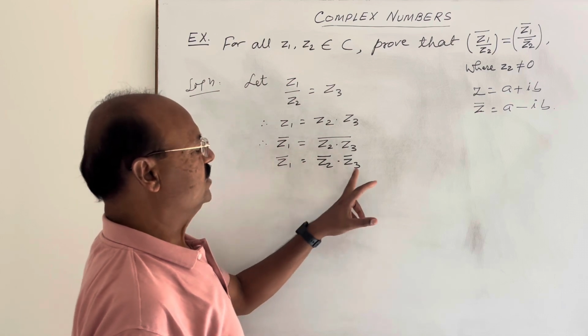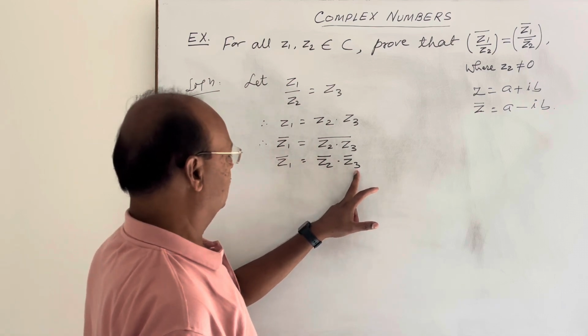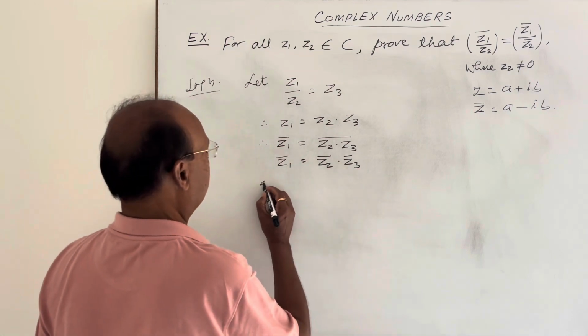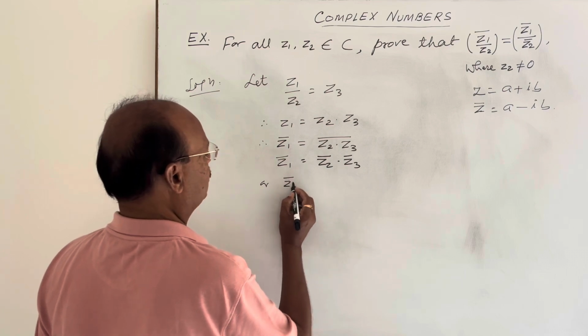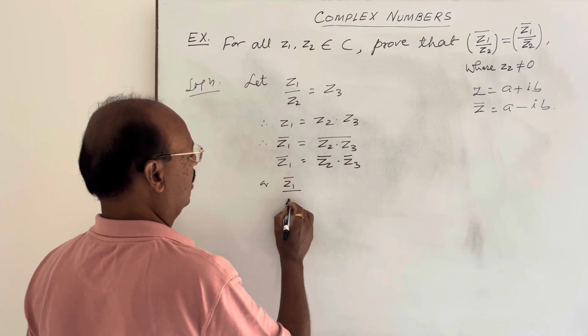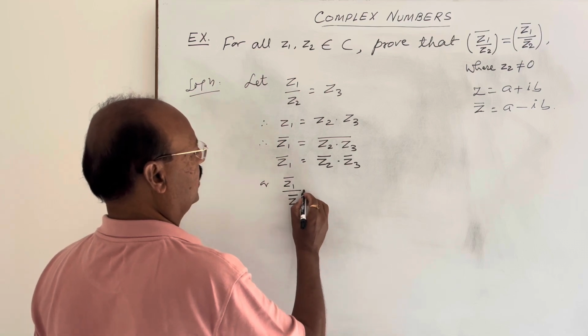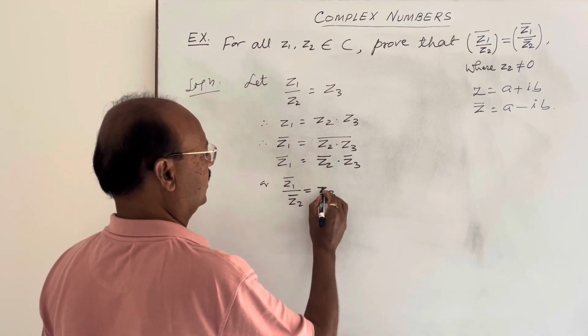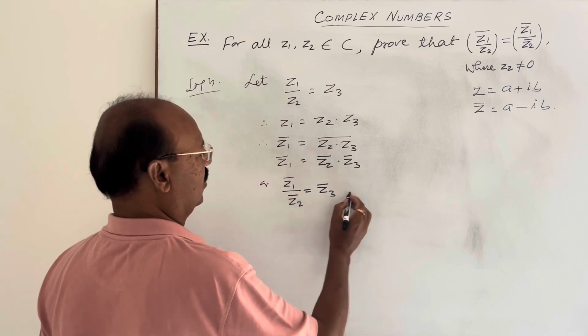Now dividing both sides by Z2 conjugate, we will bring this Z2 conjugate to the left side.